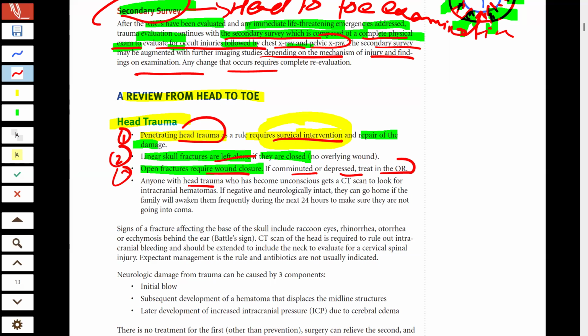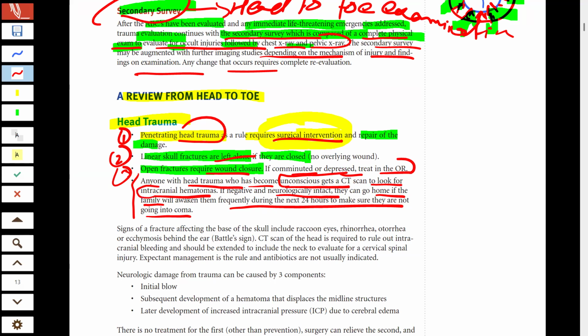Anyone with head trauma who has become unconscious, this point is also important, get a CT scan to look for intracranial hematomas.